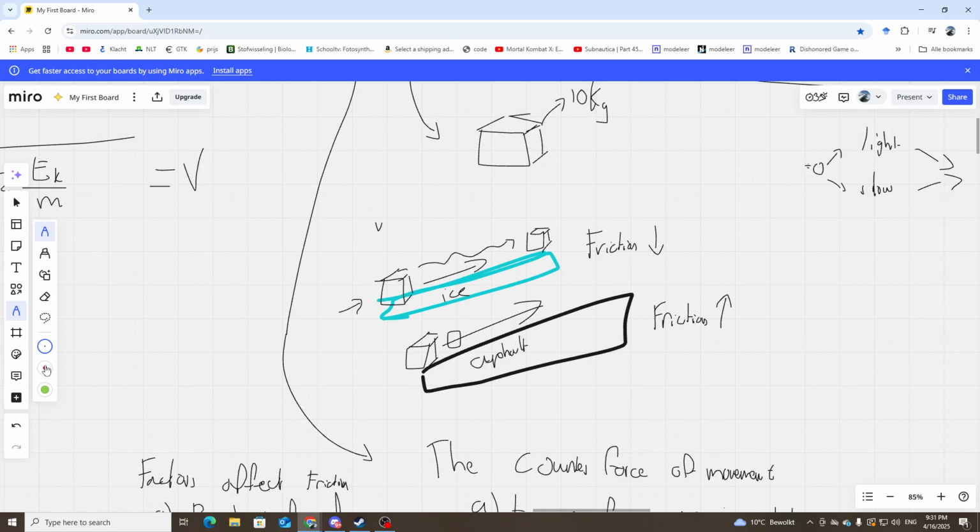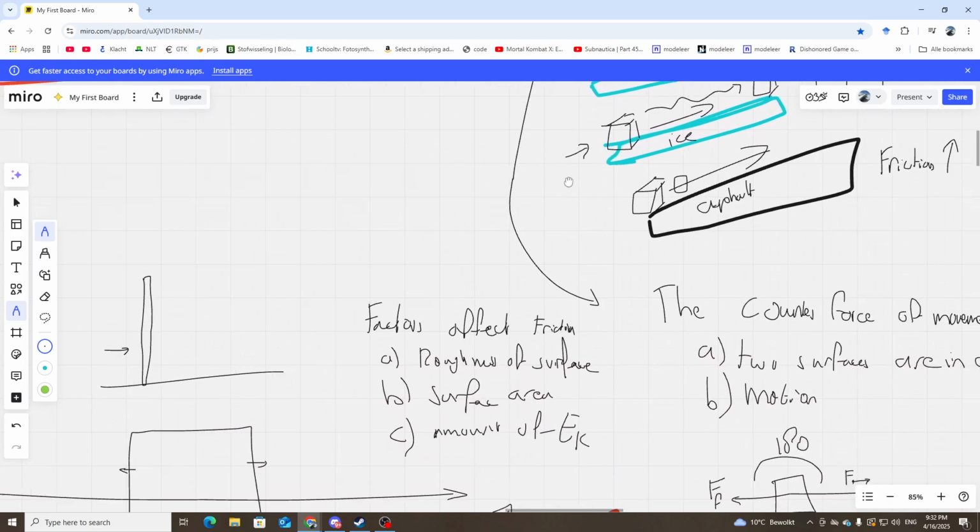So for example, maybe we can put our iron block on this little pedestal. And now we have less friction because there's only these two small contact points with the ice, so we can more easily push it through.